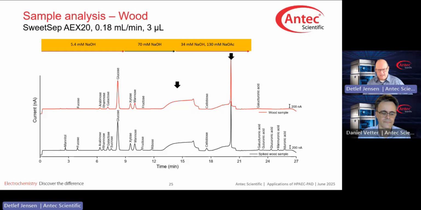When I start using acetate as an eluent, at a certain point, when a critical acetate concentration is reached, the column changes instantaneously from the hydroxide form into the acetate form, and that releases a higher concentration of hydroxide into the amperometric cell. And then the same thing happens, but because that is a sudden effect, a very small effect compared to the eluent contribution, that peak is narrow and very sharp. So that would be the explanation.